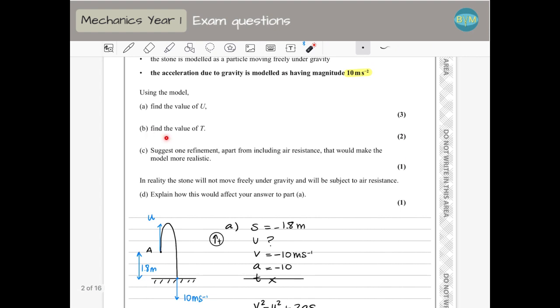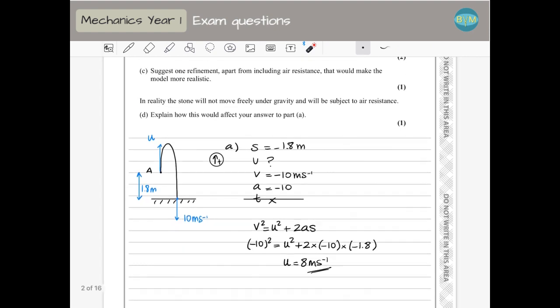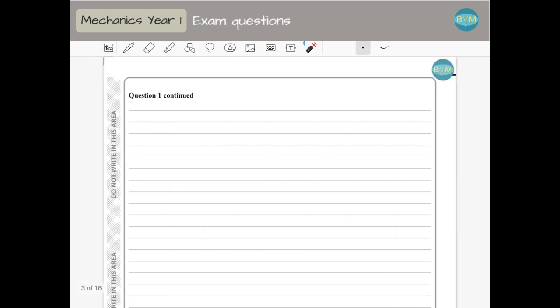For finding the time, we are going to do the same. We are going to use the same values, but now we are going to have an equation with t. We can use any, really. So I'm going to use another SUVAT equation to find t. For part b, I can use, for example, v equals u plus at, just because it's the simplest of all of them.